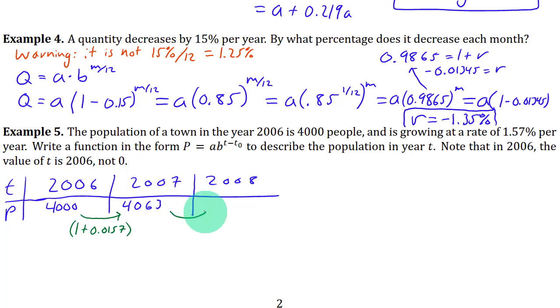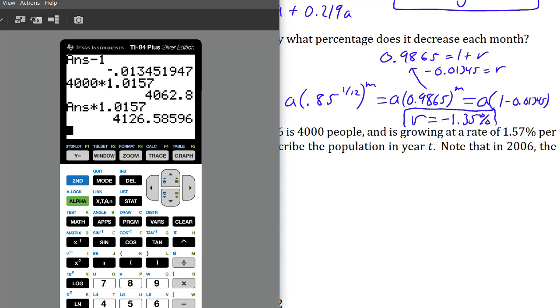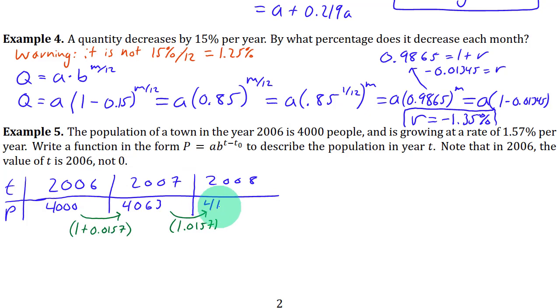And if we multiply that again by another 1.0157 factor, we'll get 4,127 people. Okay, so the way we can get this is the 4,000 here.